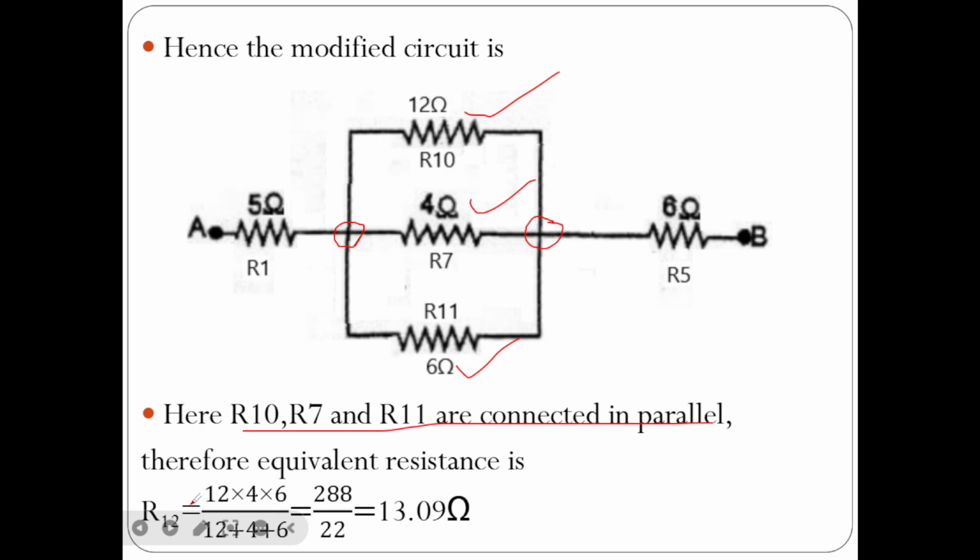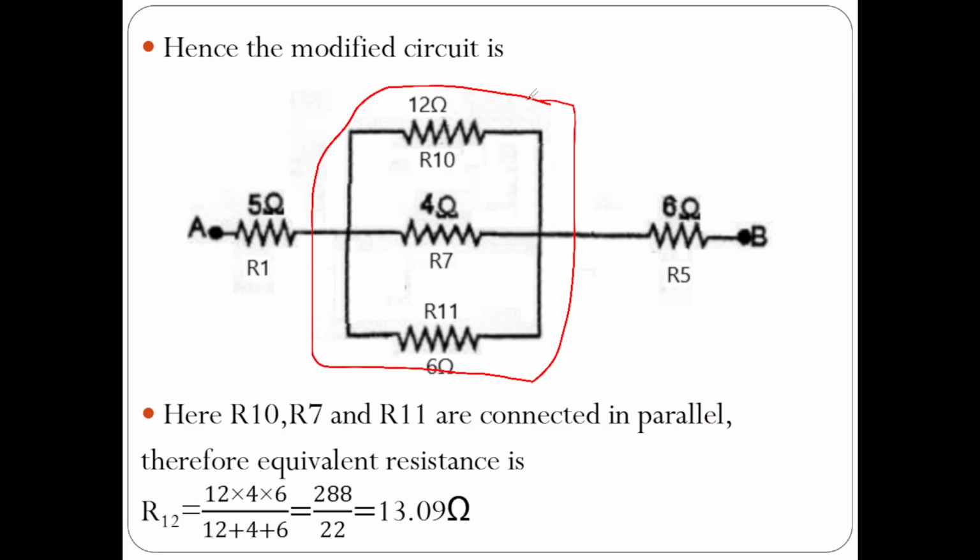So I have simplified this whole parallel circuit, where all these 3 elements are connected in parallel, and got 13.09 ohms as the equivalent resistance, whose notation is R12.